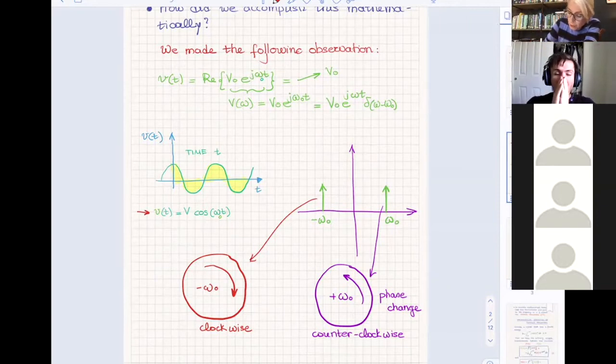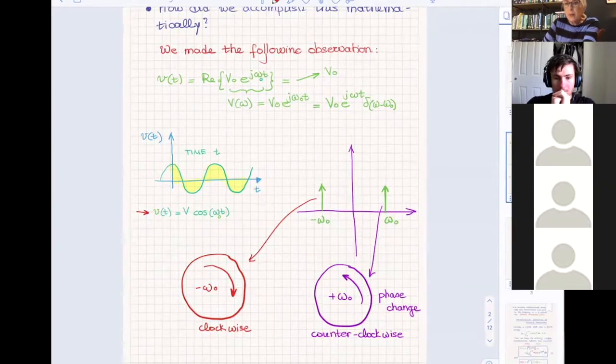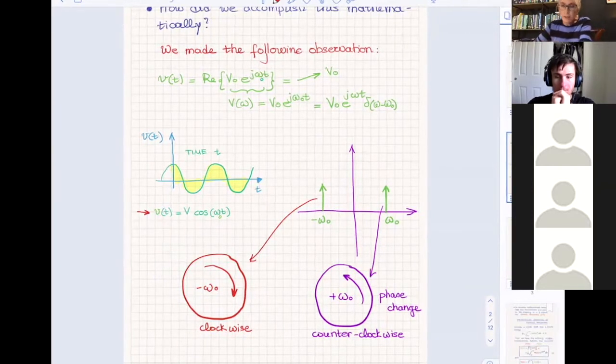One which corresponds to a phase change in the counterclockwise rotation, the plus omega naught, and the minus omega naught, which is a similar signal, but its phase changes the opposite way with a clockwise rotation. I wanted to say that because you will see negative frequencies, and then you will get confused. You will say, what does a negative frequency mean? So physically, it means just the way the phase of a signal changes.